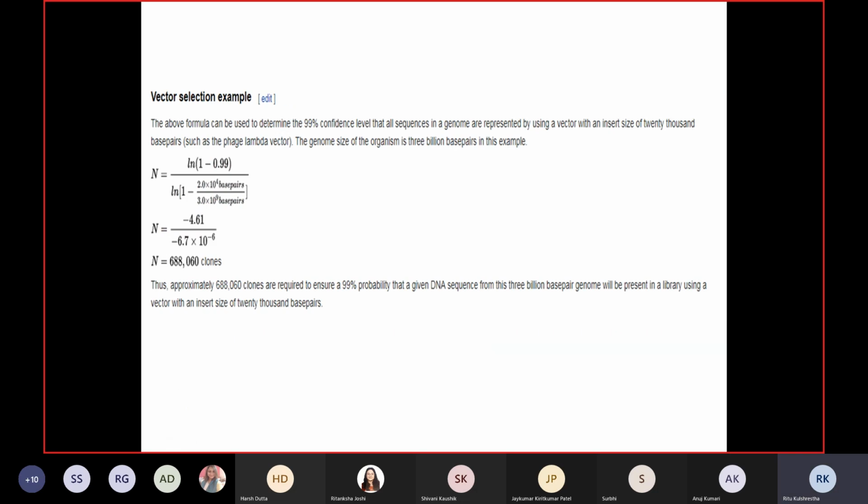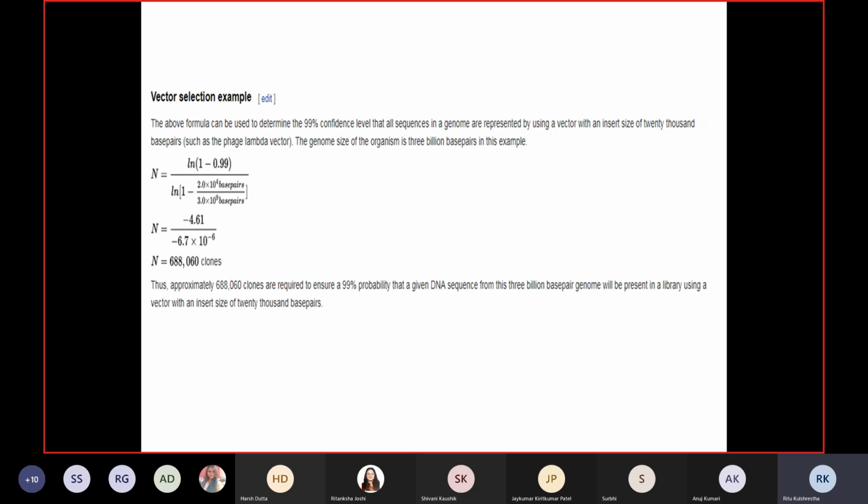This calculation has been done for the human genome, which has around 3 billion base pairs. If I make my human genomic library in a phage replacement vector, which has an insert capacity of around 20 kb, then I have to screen 688,000 clones to find my gene of interest.